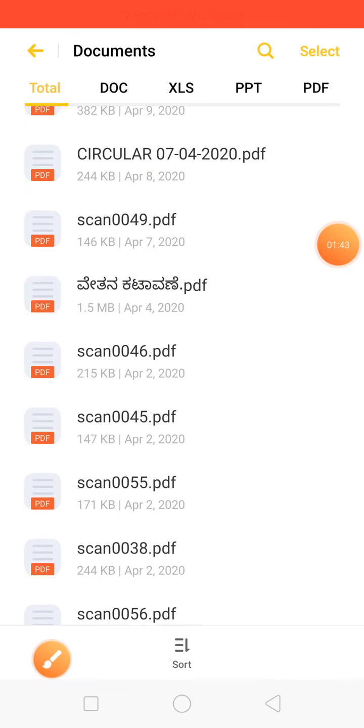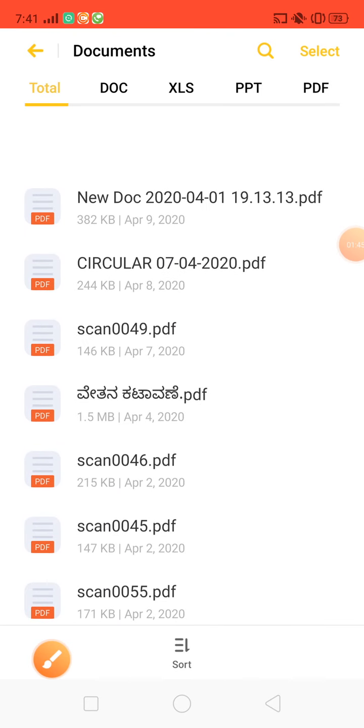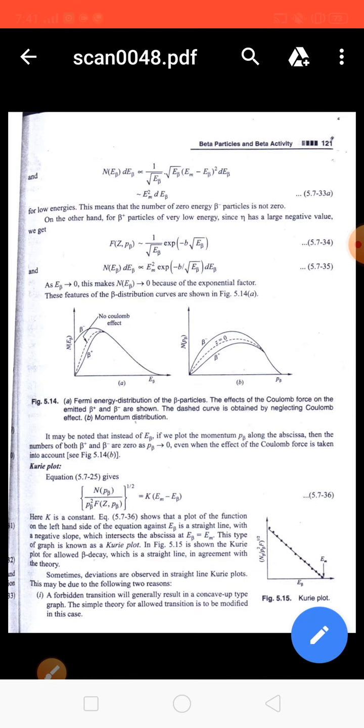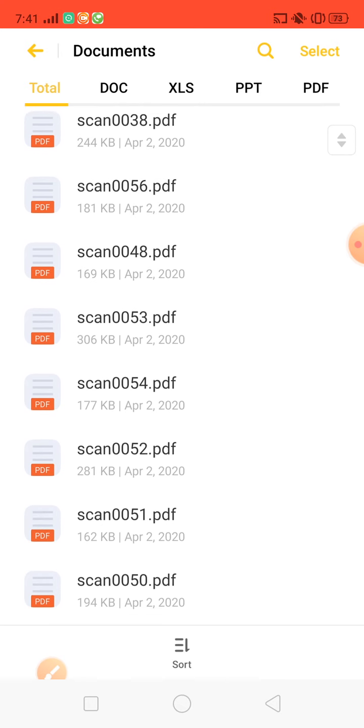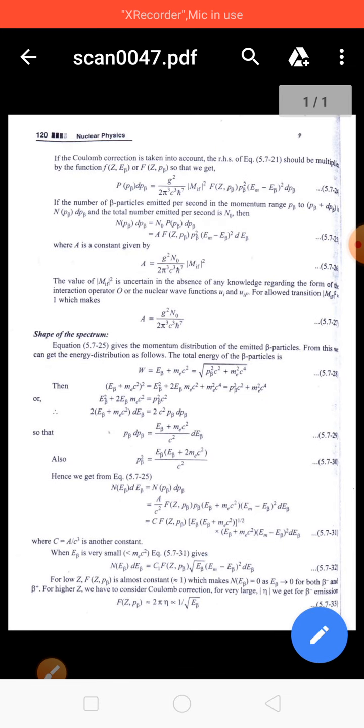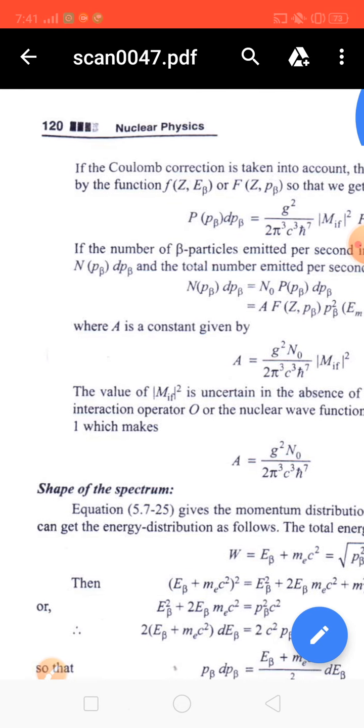So now, integrating equation 5.724, which is yesterday's equation. Let me show you. Okay, this one.